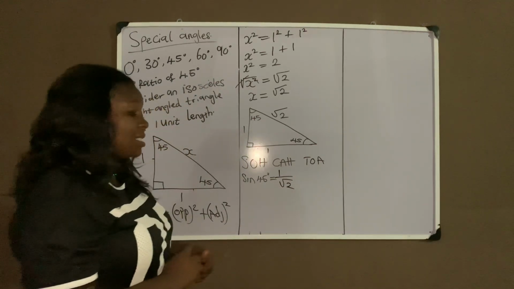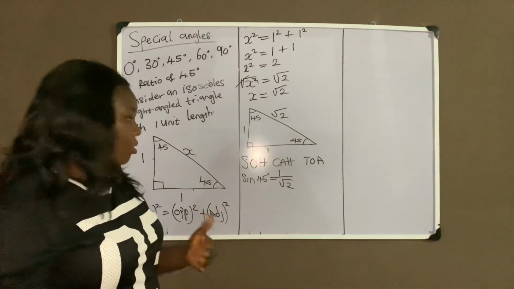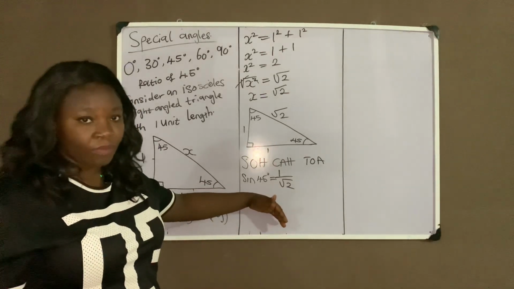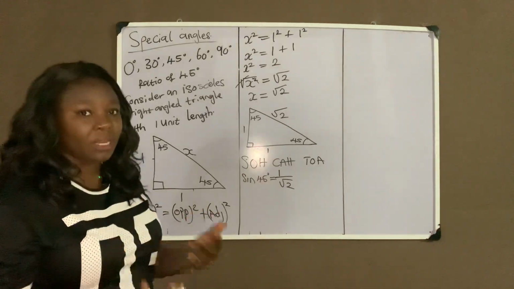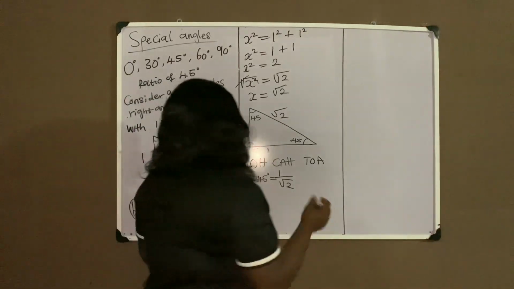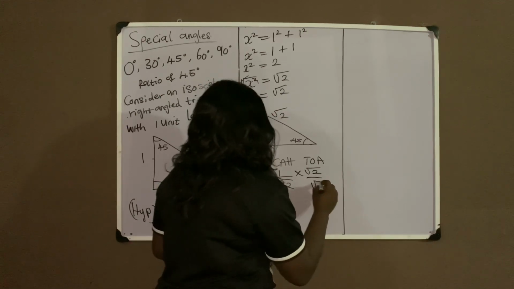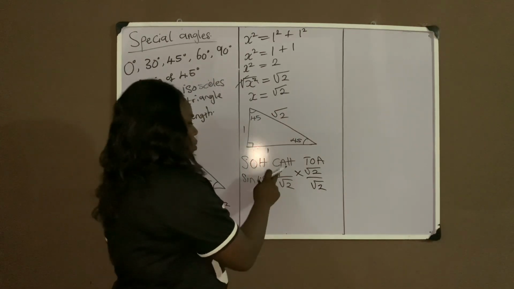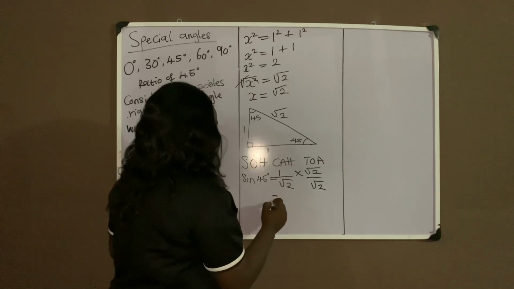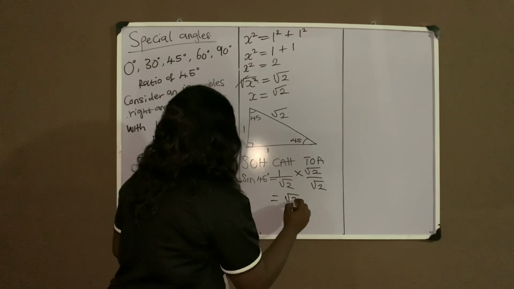But if you are conversant with surds, you will know that you are not going to leave it this way. So we need to rationalize it by simply multiplying by root 2 over root 2. Now, 1 times root 2 will simply give us what? Root 2.